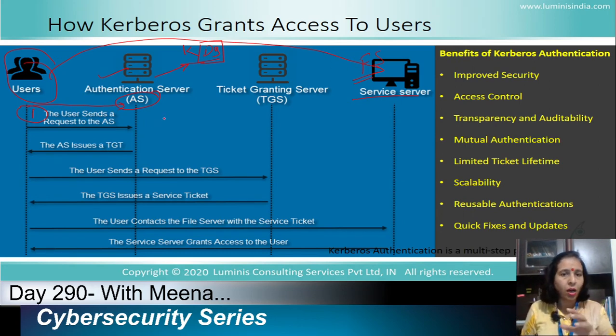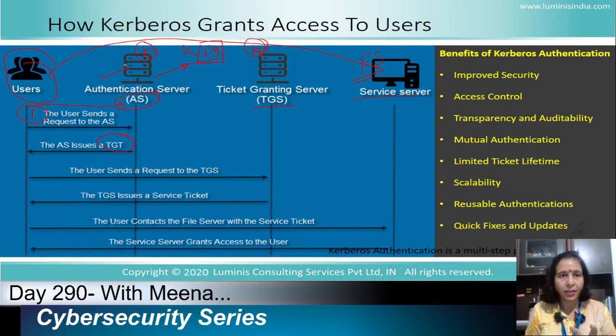The next process, after finding the validity, is that the AS server assigns a ticket granting ticket. There is a key shared between the ticket granting server and the authentication server, say for example K1. K1 is the key shared between AS and TGS.